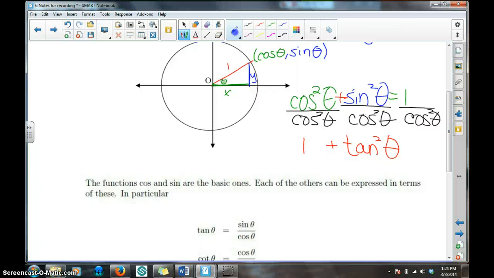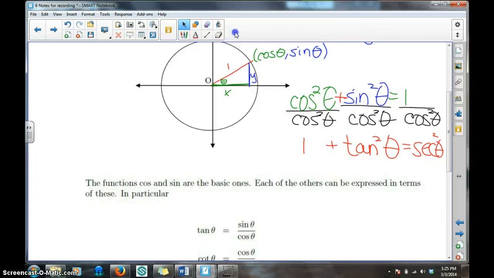Secant, thank you, Joe. So 1 over cos squared will be secant squared. That's my second Pythagorean identity. 1 plus tan squared equals secant squared. It's really the same exact function. I've just divided straight through by cosine.